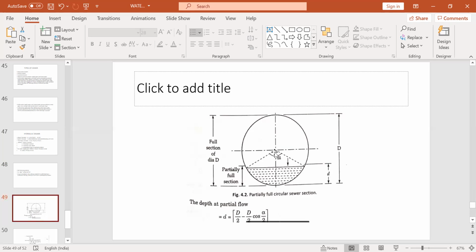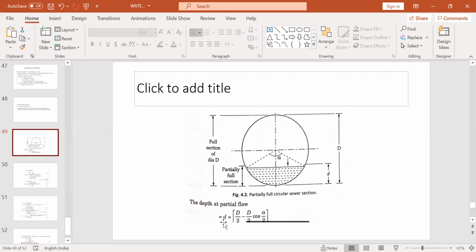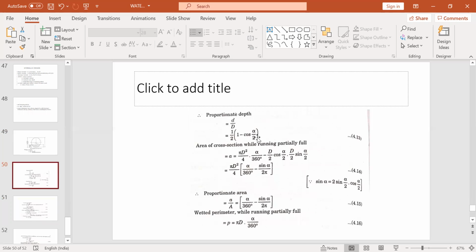That is the radius of this circle, that is D by 2. So this is D by 2 minus the height of the triangle, D by 2 cos alpha by 2. So this is alpha, the entire angle is alpha, so half of this angle will be alpha by 2. So D by 2 minus D by 2 cos alpha by 2. If you take D common, d by D will be equal to half of (1 minus cos alpha by 2). This is called the proportional depth.